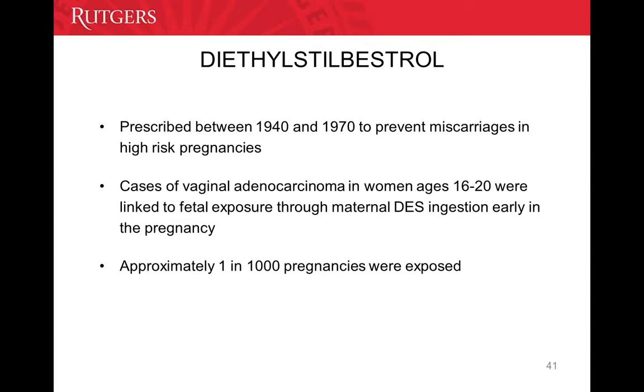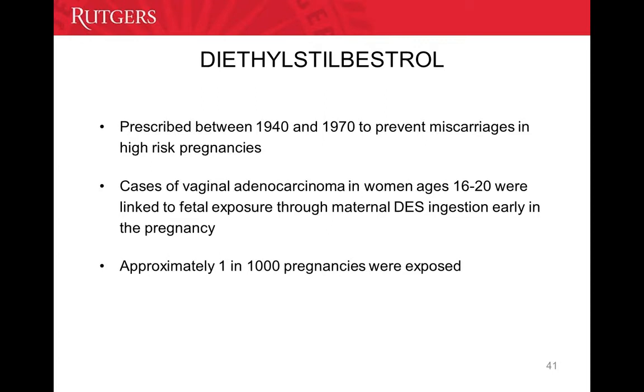Another example, as we get close to our first break, is that of DES, or diethylstilbestrol. This product was prescribed in the United States between 1940 and 1970, and it was used to prevent miscarriages and high-risk pregnancies. What's interesting is that the female offspring of the women who took the diethylstilbestrol had quite high levels of vaginal adenocarcinomas when they were young, between 16 and 20.